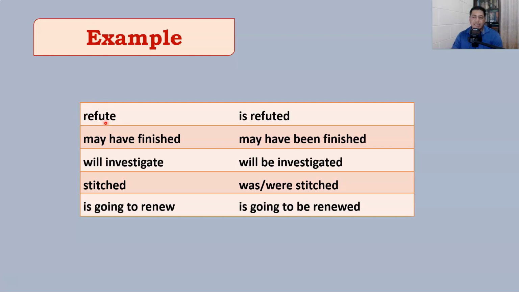What form is this? It's in present. So what form is going to take the verb to be in passive voice? It's going to take the present form. So I'm going to use is, or are, or of course, am. And what are we going to do with the principal verb? We are going to use the past participle form, is refuted.